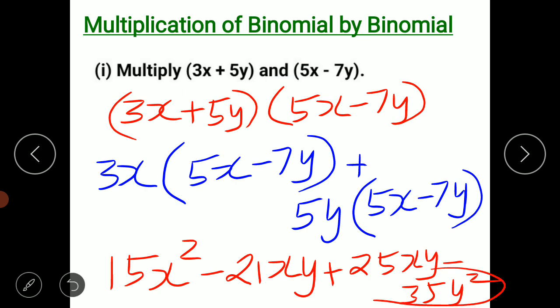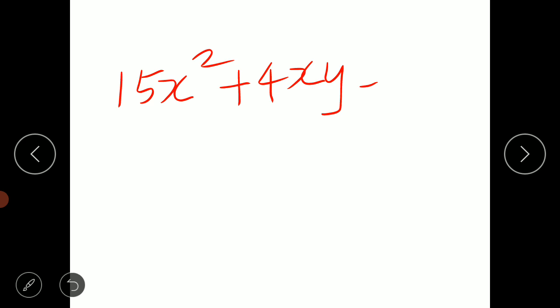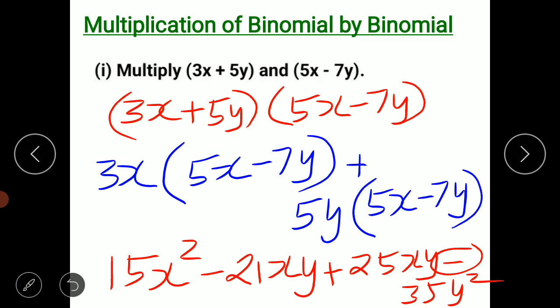Then y square further, because there is no other term to simplify, so minus 35y square. That's all. So once again we write like this.